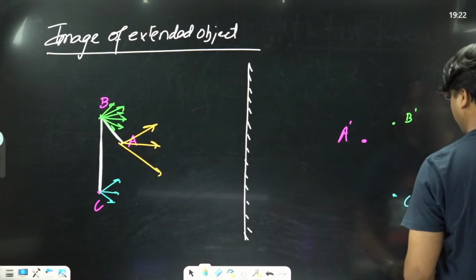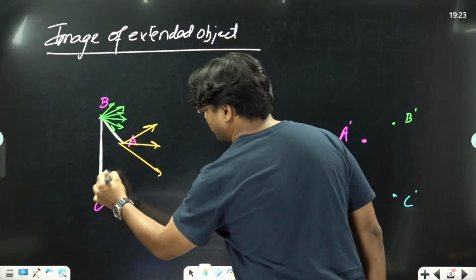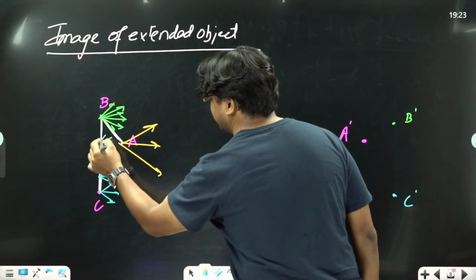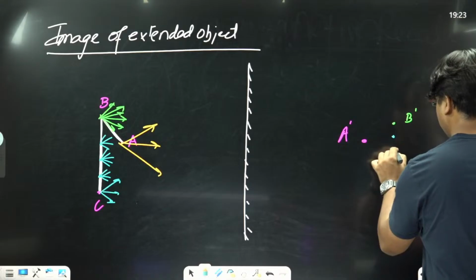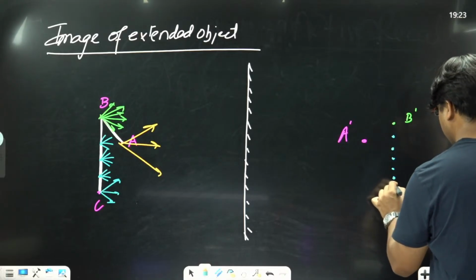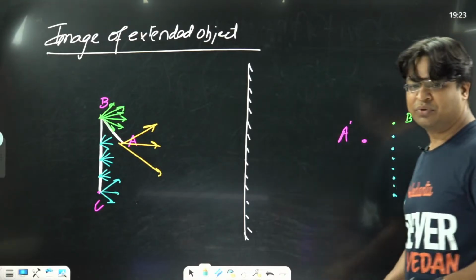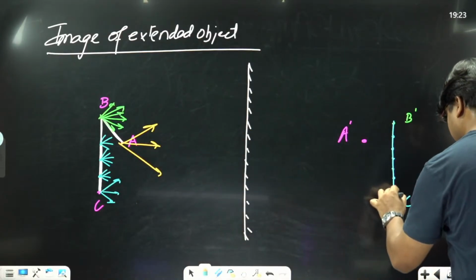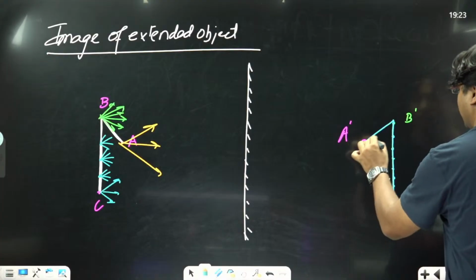Every point of an extended object behaves like a point source itself, and C will form its image somewhere here. Like this, all other points will give us their respective images, and if you choose a large number of points, you will end up getting an image like this. Are you getting this or not?